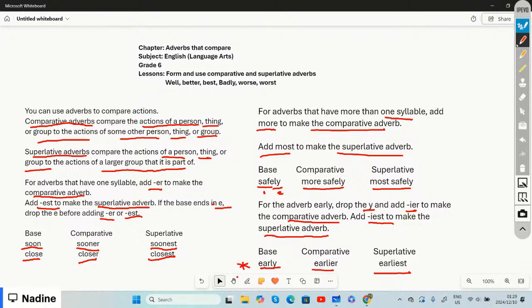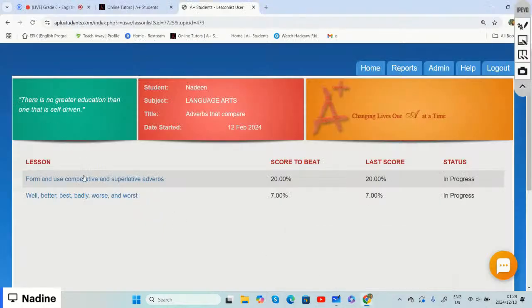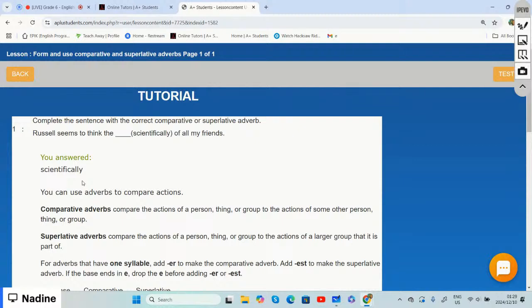All right, so now we're going to A plus students.ca, and we're going to form and use comparative as well as superlative adverbs.